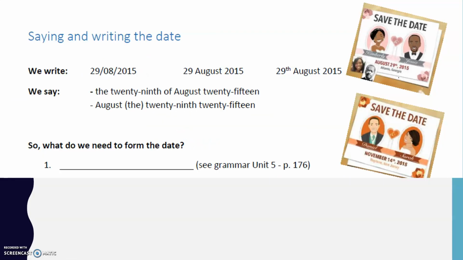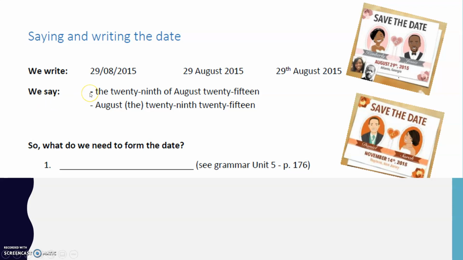Now we come to the second part, so make sure to follow along on the handout you have. Saying and writing the date. You have a few possibilities to write a date. Have a good look at these 3 ways to write dates. And then there are 2 main options to say the date.